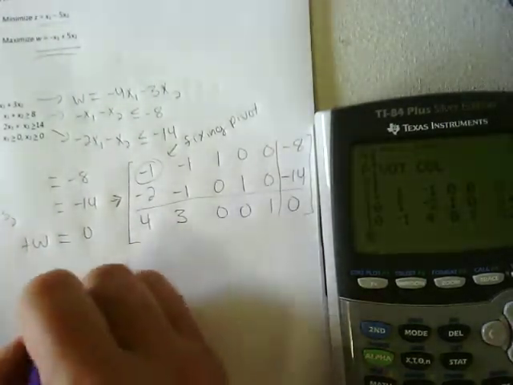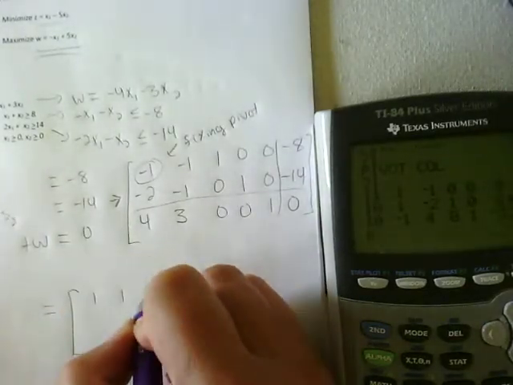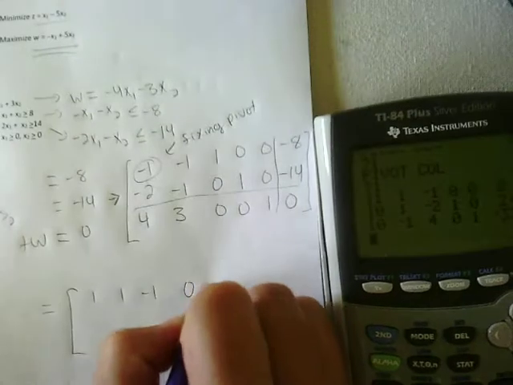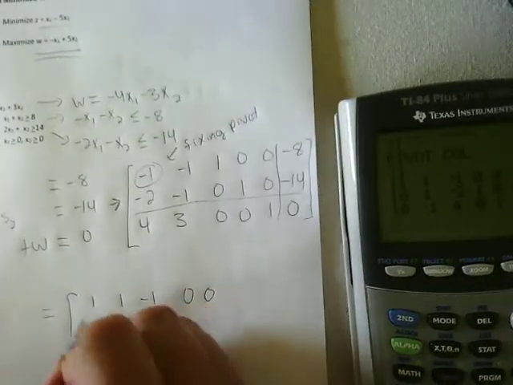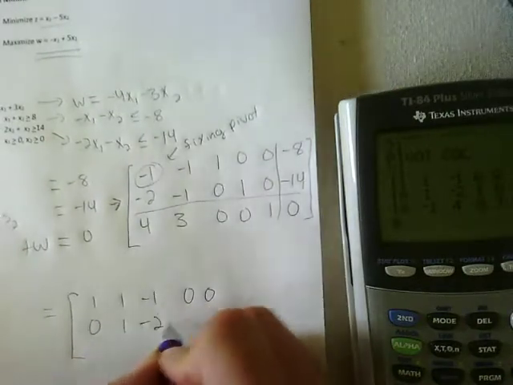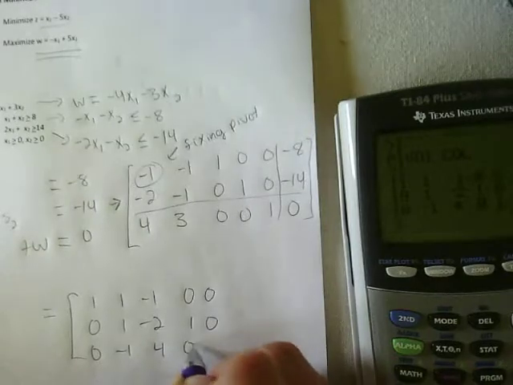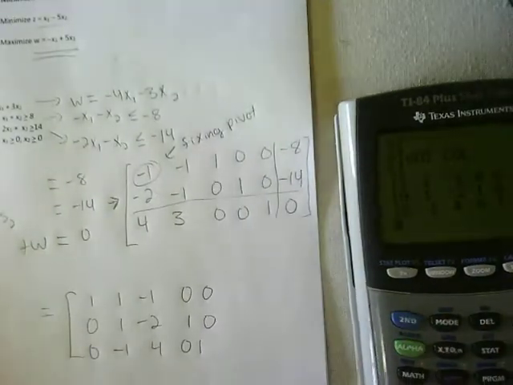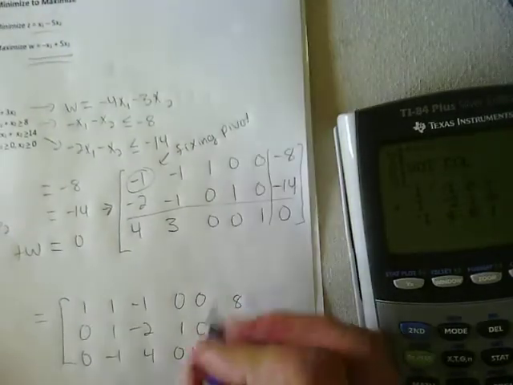Thankfully it equals something nice. I end up with 1, 1, negative 1, 0, 0, 8; 0, 1, negative 2, 1, 0, 2; and 0, negative 1, 4, 0, 1, negative 32.